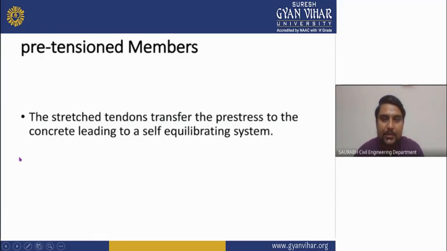Now we will see the pretension member, where the stress in the tendon is transferred as the pre-stress. In a pre-stressed member, the stress in the tendon is transferred as pre-stress to the concrete, leading to a self-equilibrium condition.